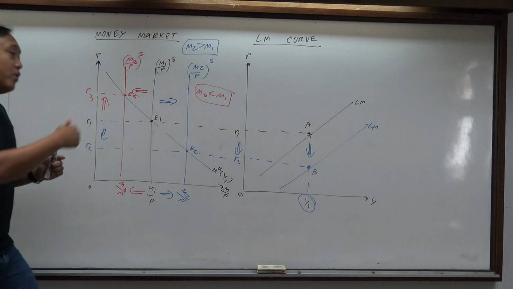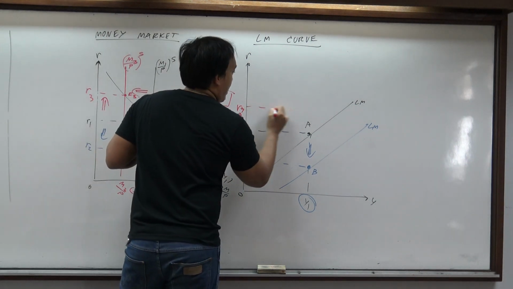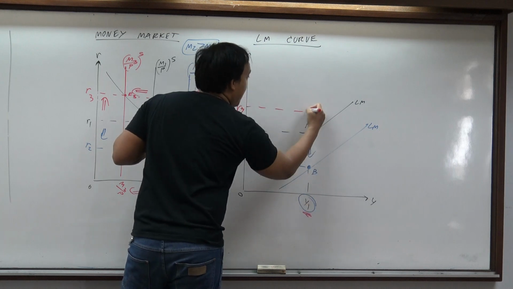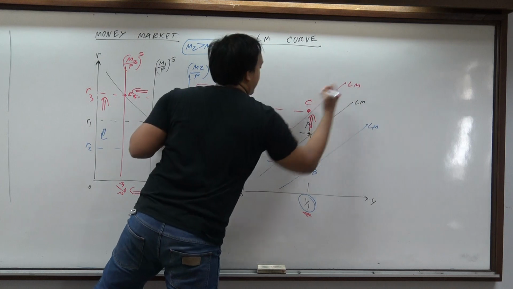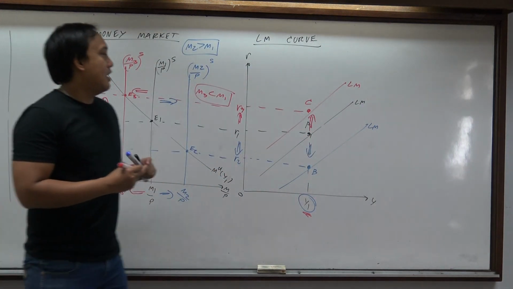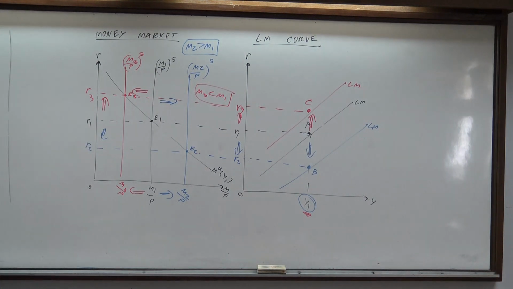I can link it to the right. However, the GDP is still the same. It's like the whole curve shifts up, like this, from A to C. Okay, so far so good.